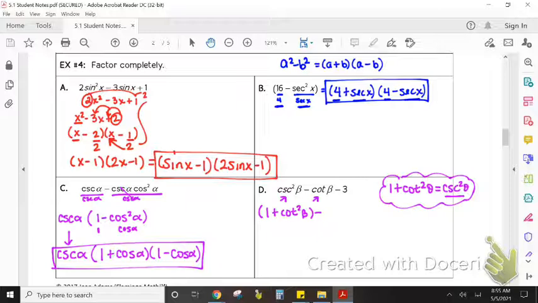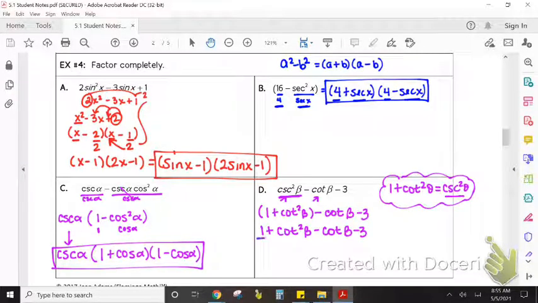And then I'm going to bring the rest of it down. All right. Now I don't really need the parentheses there. I just did it so you could see that this was equal to this. So I substituted them in. So I'm going to go ahead and drop my parentheses. So 1 plus cotangent squared of beta minus cotangent of beta minus 3.